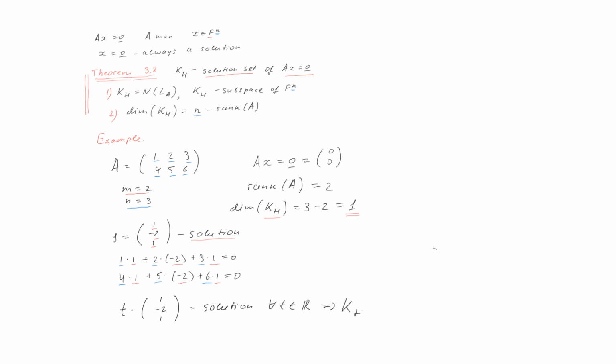The solution set in that case can be written as t times (1, -2, 1) for all t in R. Geometrically, this is a line that goes through the origin and the point (1, -2, 1). It is a one-dimensional space, exactly as the theorem suggests, and it does contain infinitely many solutions.